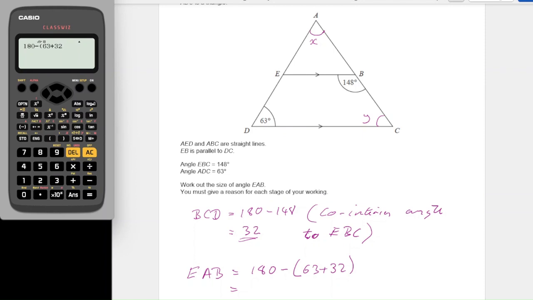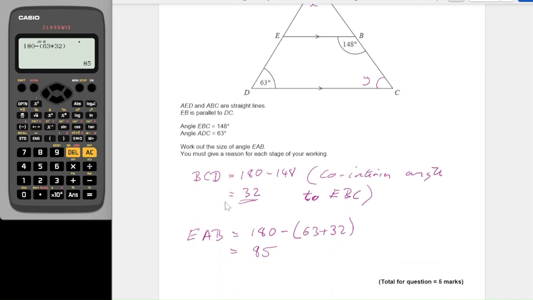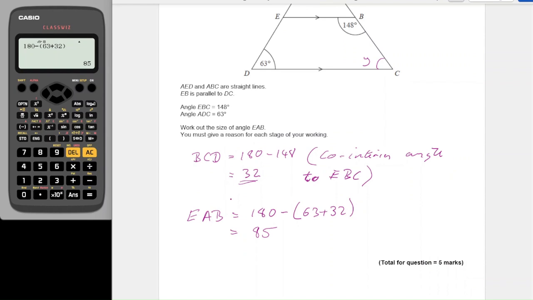Just double checking my angles there. So it's going to be 85. My reason for that is angles in a triangle equal 180 degrees.